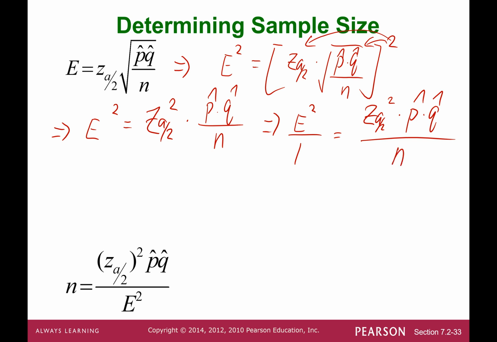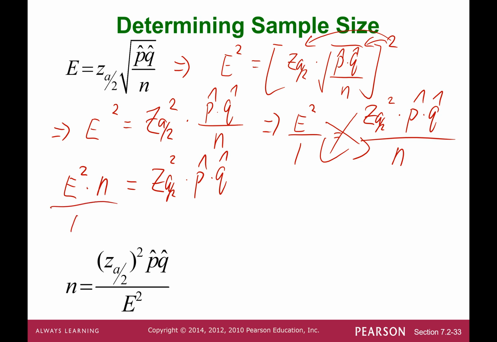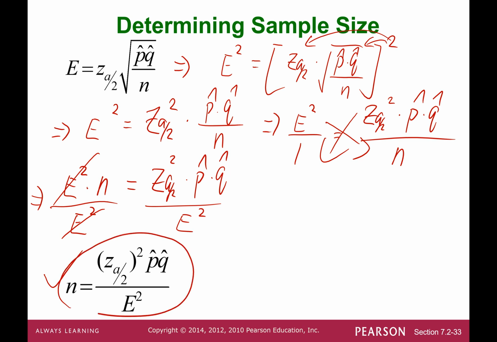Now we cross multiply. E squared times sample size equals critical z-score squared times p hat times q hat. Eventually we divide both sides of the equation by E squared, so E squared cancels, and the sample size equals critical z-score squared times p hat times q hat over margin of error squared.